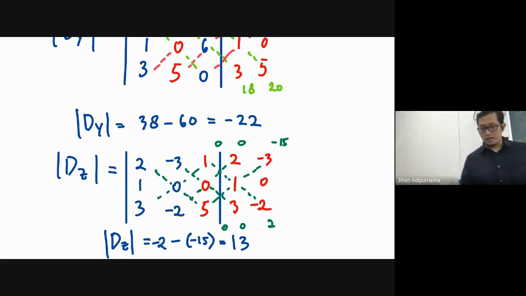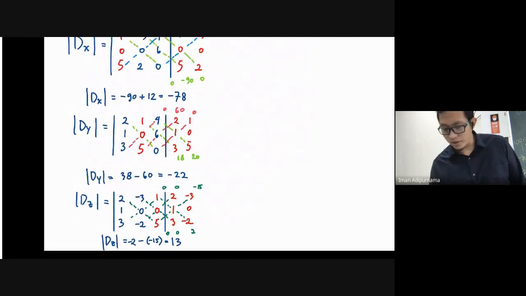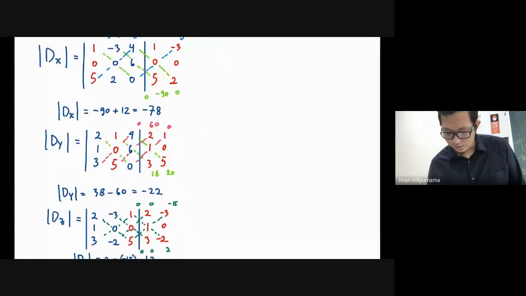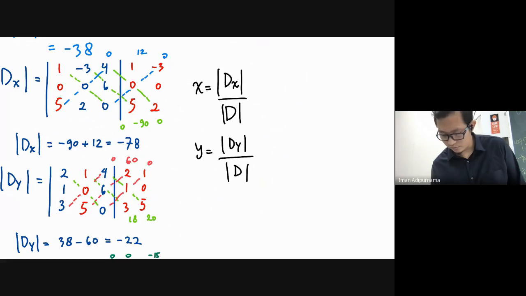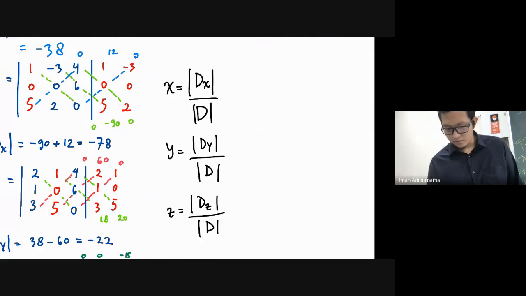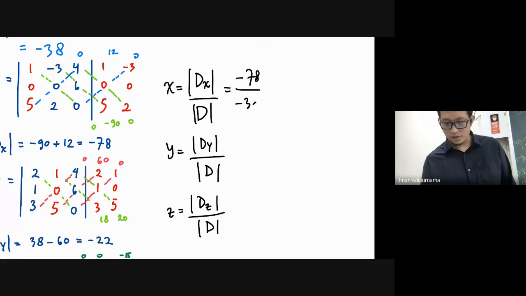Okay. And then we can solve this and write the x is dx over d, and y is dy over d, and z is dz over d. So x will be negative 78 over negative 38.